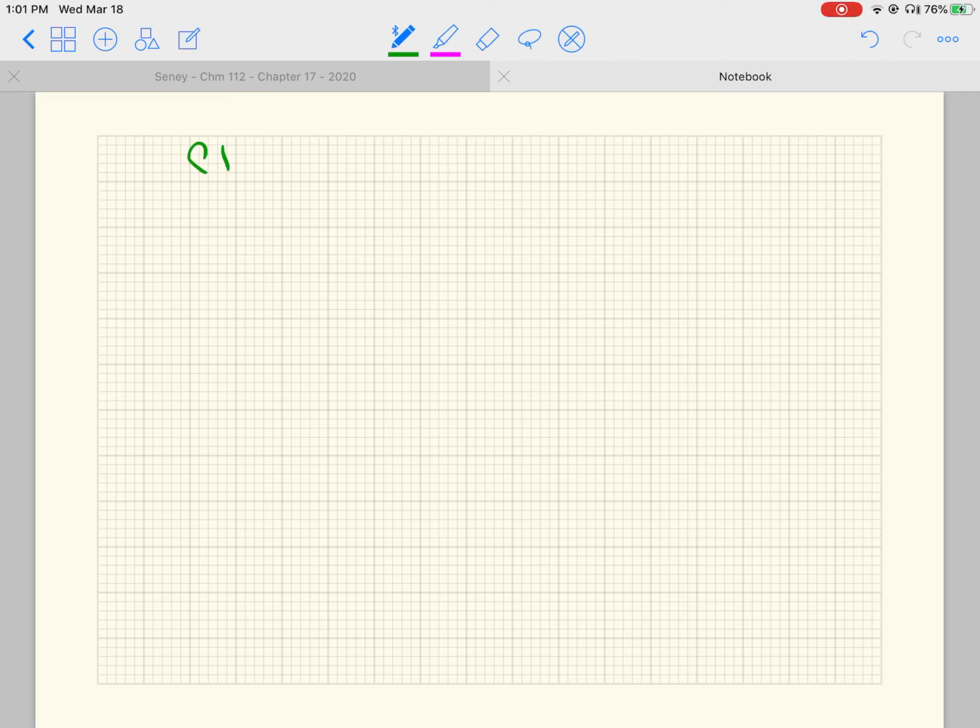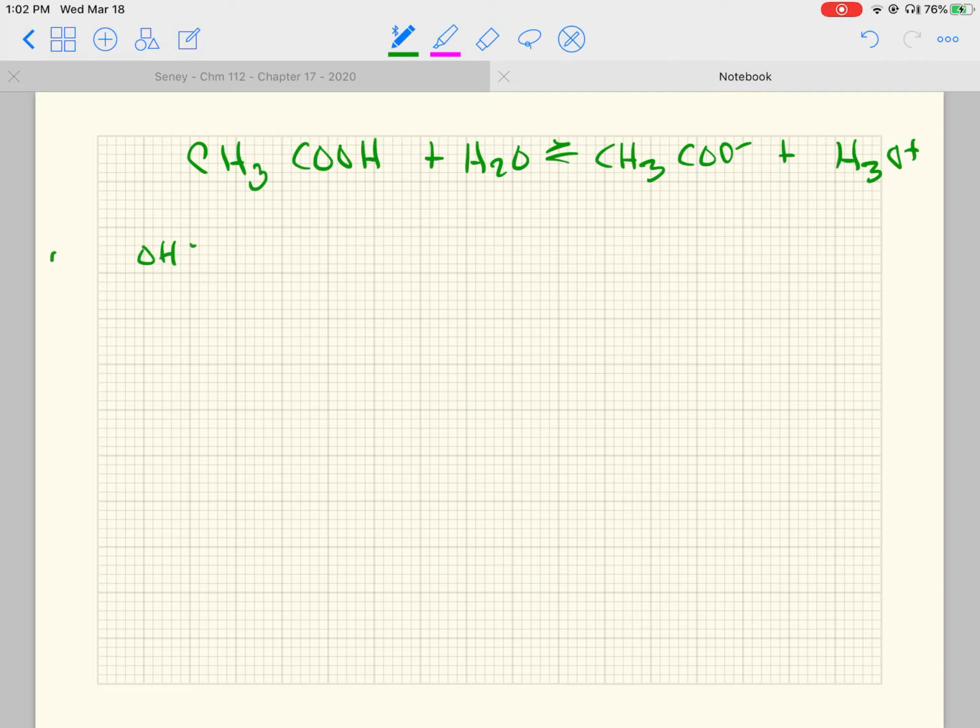So again, let's say that we have our original solution. Like so. And now we're adding our hydroxide in there. So we've got a strong base. And I think it said 0.1 mole of that hydroxide. What's the first question you should ask after you have this buffer?